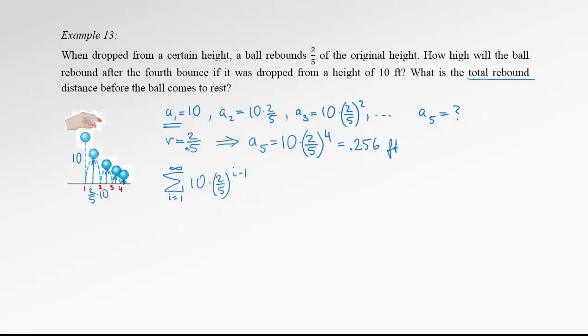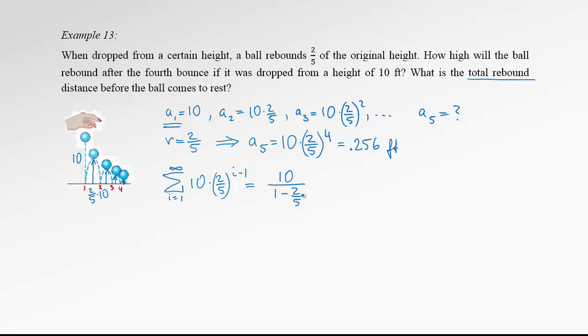Okay, first of all, we should observe that the absolute value of the common ratio is indeed smaller than 1, so the infinite sum really exists, and we can use the formula A1 over 1 minus r, right? What's our A1? Well, it's 10, so it's 10 over 1 minus the common ratio, which is 2/5. See how easily we can calculate the infinite sum?